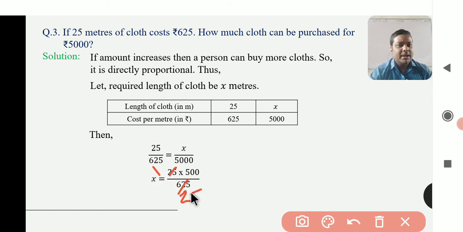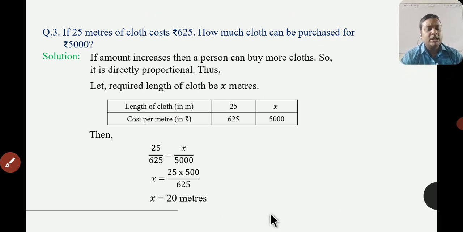Okay. And again 25 1 ja 25 and 25 20 ja 500. So x will be 20. The value of x will be 20 meters. It means a person can buy 20 meters if he pays rupees 5,000. Okay. I hope that you all have understood, students.